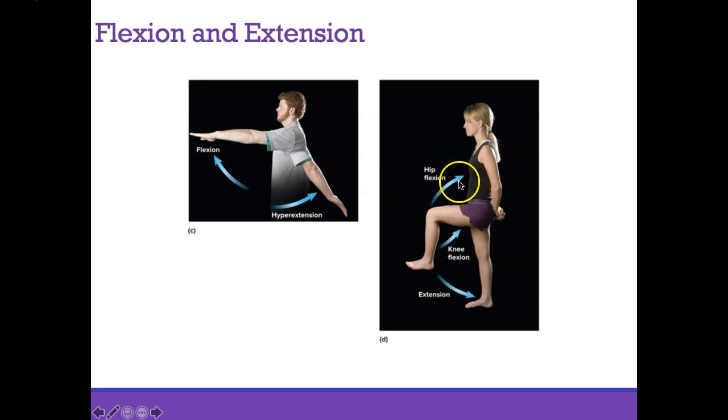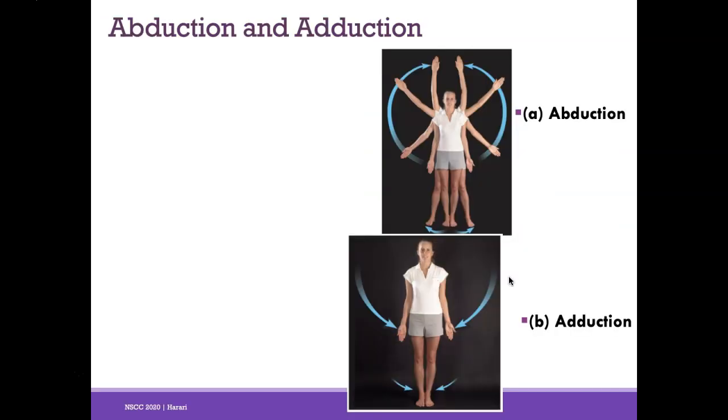So that decreased the angle. This is hip flexion. Likewise, if she were to take her knee and move it posteriorly toward her thigh, that would be flexing at the knee, and the knee is a hinge joint. If she were to return her leg back to the ground, that's extending. It's returning toward zero position. Take a second to pause and make sure you understand these terms.